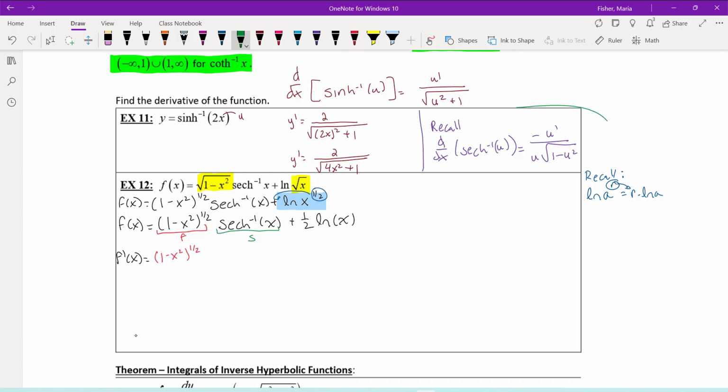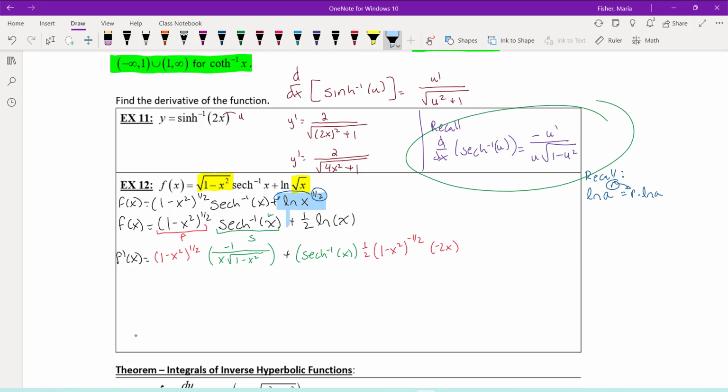Well, the derivative of the second follows this formula, which is going to be negative u prime, and my u here is x, so negative 1 over x times the square root of 1 minus x squared. So the first times the derivative of the second plus the second, and that second is the inverse hyperbolic secant of x, times the derivative of the first, which is 1/2 times (1 minus x squared) raised to 1 less, negative 1/2, times the derivative of the inside, which is negative 2x.